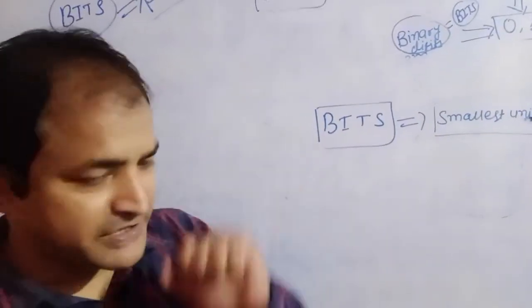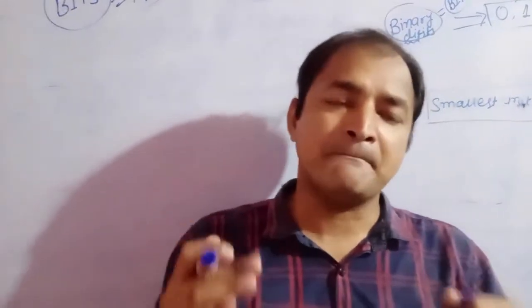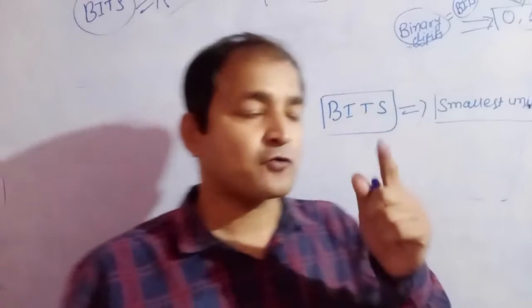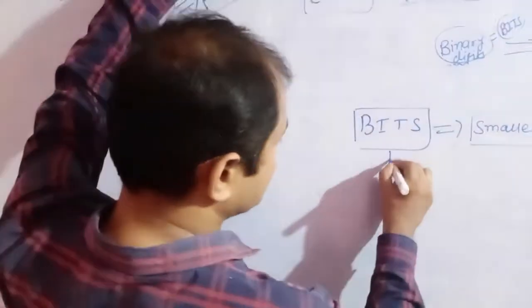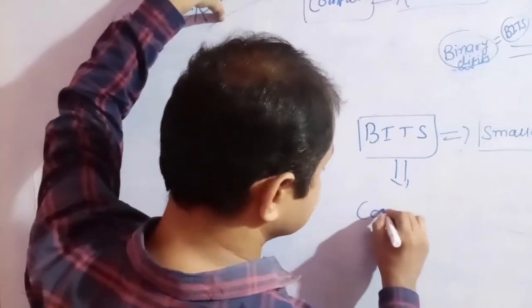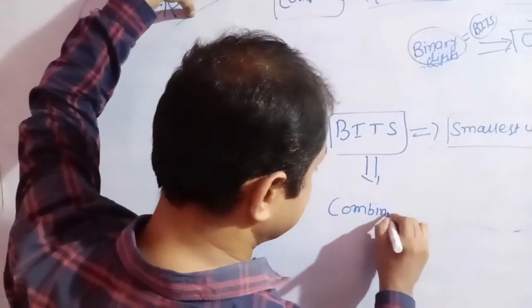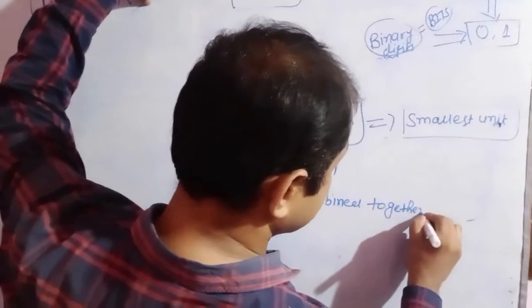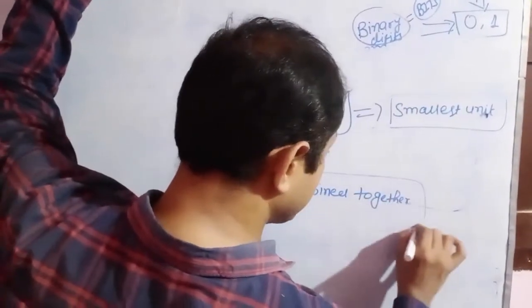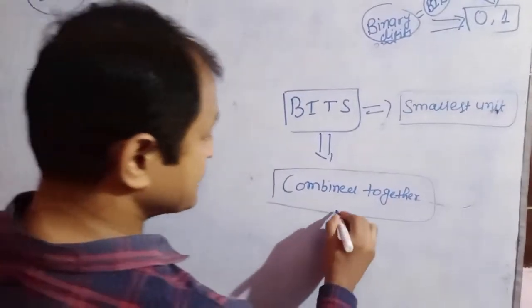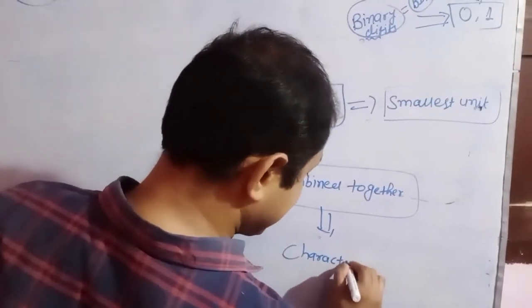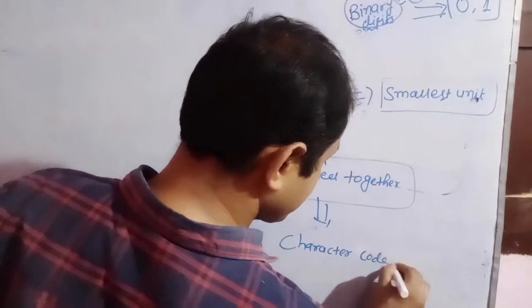Again, what is a bit? Bits are combined together to form character codes. Which type of combination? This combination is a character code.